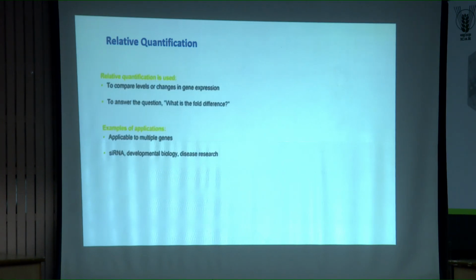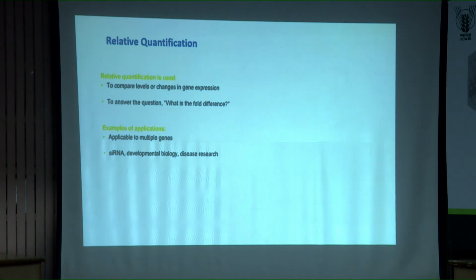Relative quantitation, I already told you: with respect to the target, you have a reference. With respect to the experiment, you have a control. You try to understand this, right? With respect to the target gene, you have a reference gene.